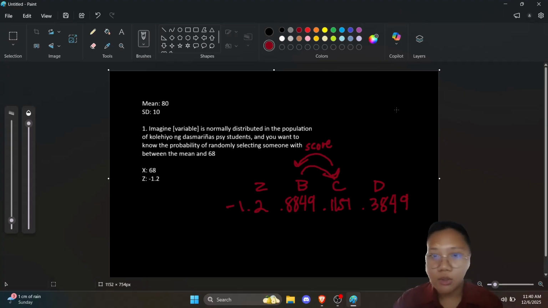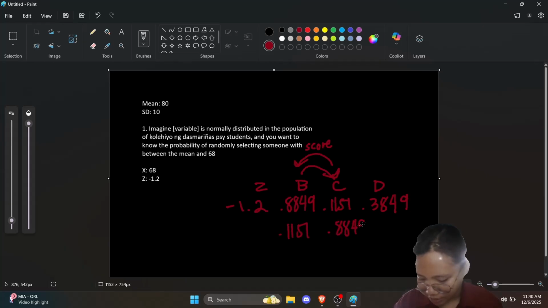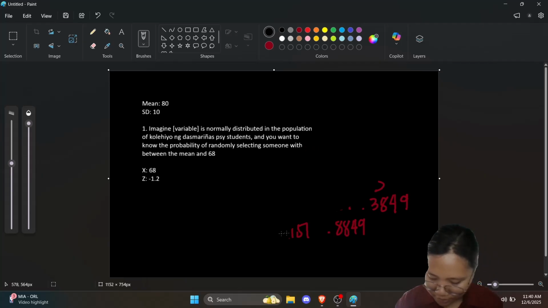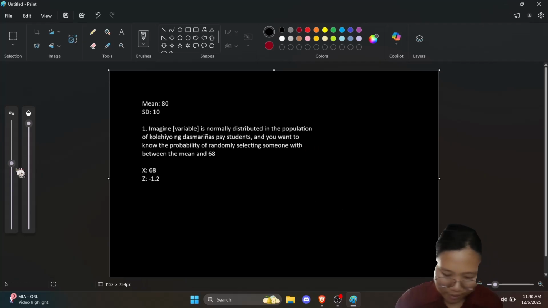So if you have a negative z-score, all you need to do is switch the values of the body and tail. So body becomes 0.1151 and tail becomes 0.8849.